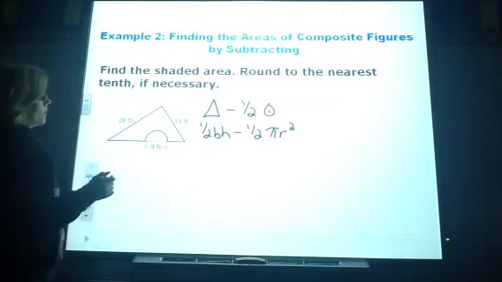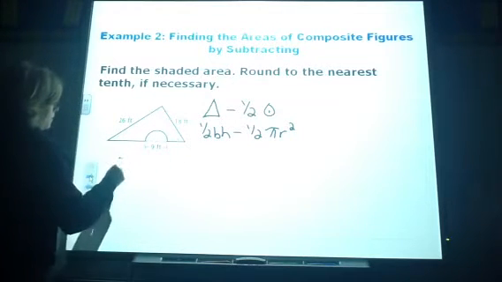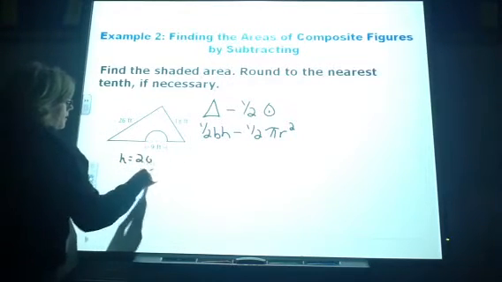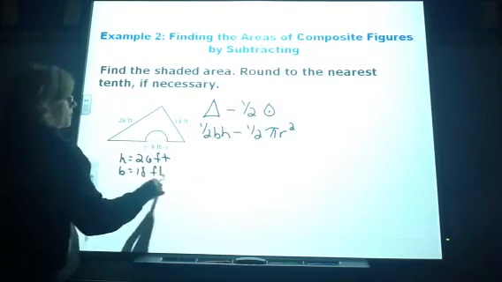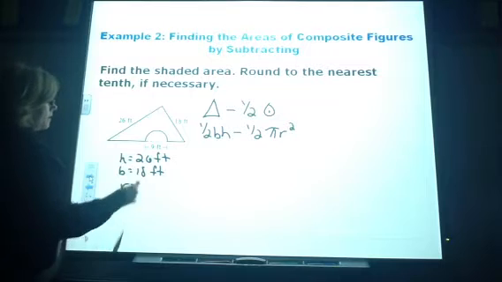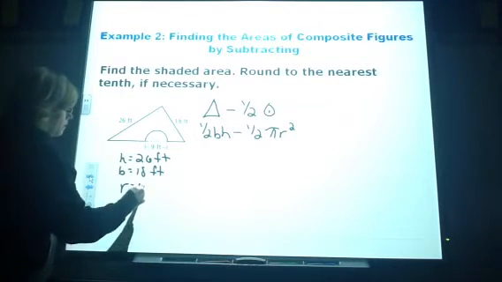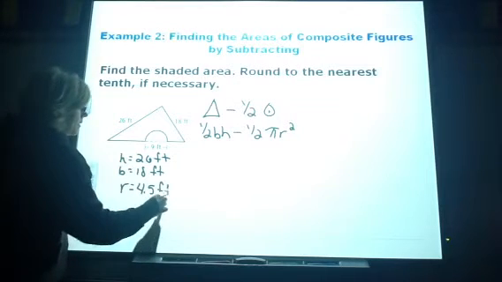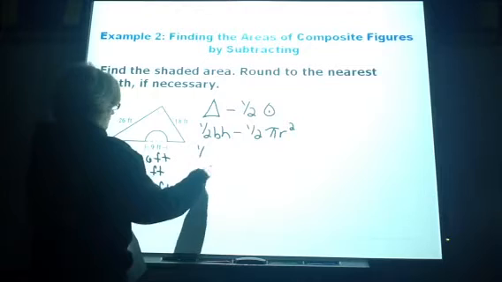Okay, on my triangle, I need my base and my height, perpendicular to the base, so my height is 26 feet. My base is 18 feet. And on my circle, I need the radius. Well, if this is 9, that's the diameter, so I have to take half of that to get the radius. And then I can substitute in.